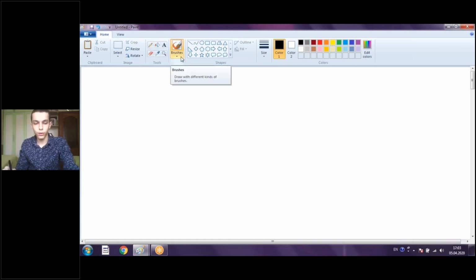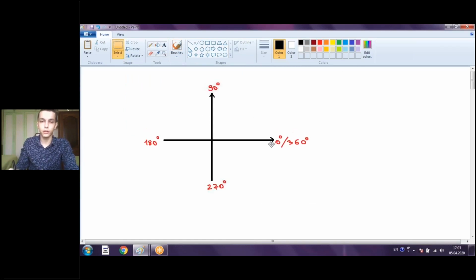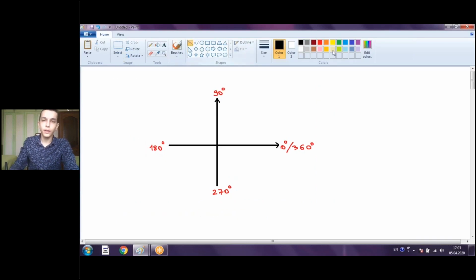First of all, we have to talk about quadrants. So imagine that your angle is starting here at 0 degrees, and you have to know that if you have positive angles such as 40 degrees, 120 degrees, and so on, you have to rotate this blue line, this angle, counterclockwise.